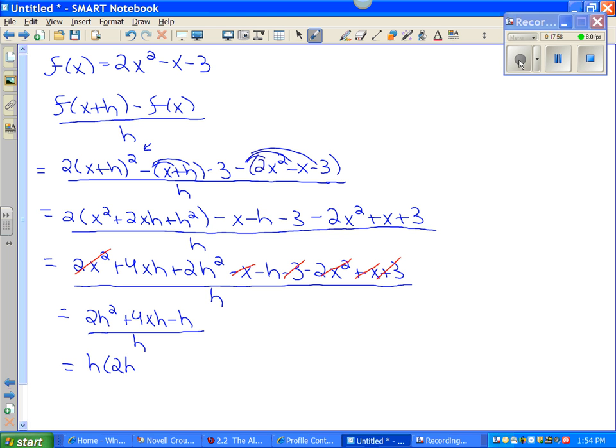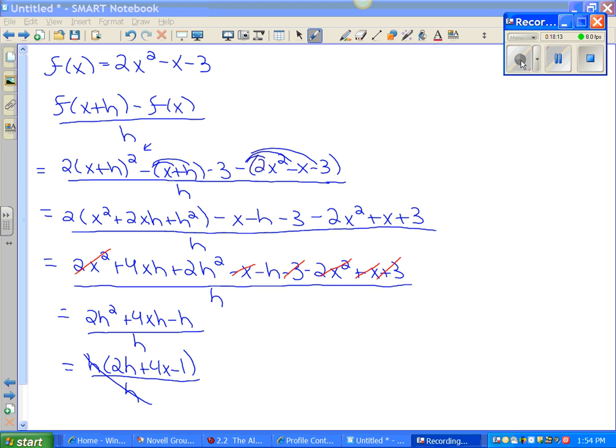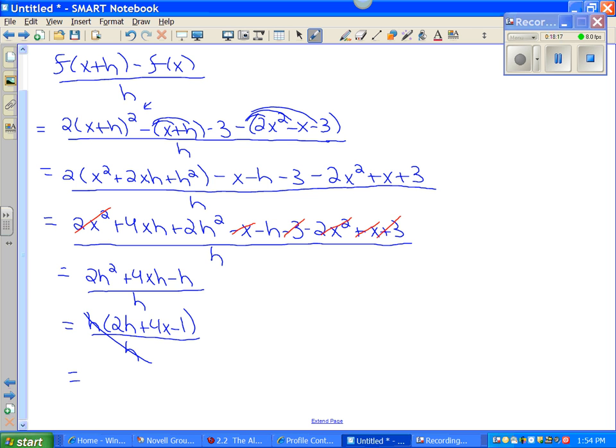It becomes h times 2h plus 4x minus 1, over h. The h's cancel, and what I'm left with is 2h plus 4x minus 1.